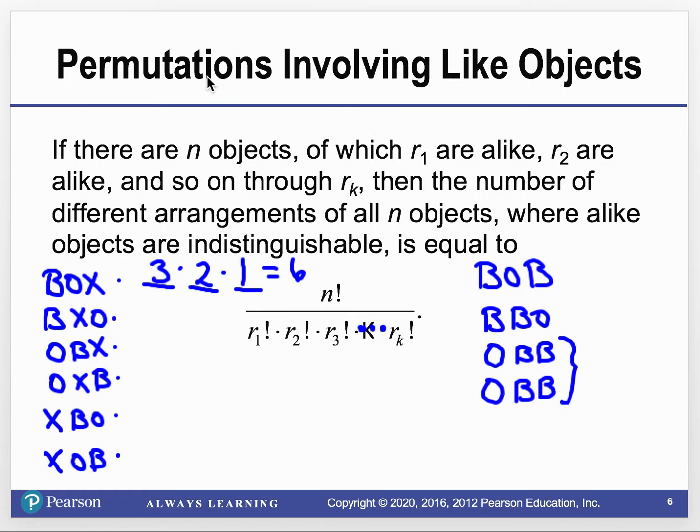So that's what this means. It's still different arrangements, but if any of them are alike, I'm not going to have as many different arrangements as if when they're all different. So that's why we divide out some of them that are the same.